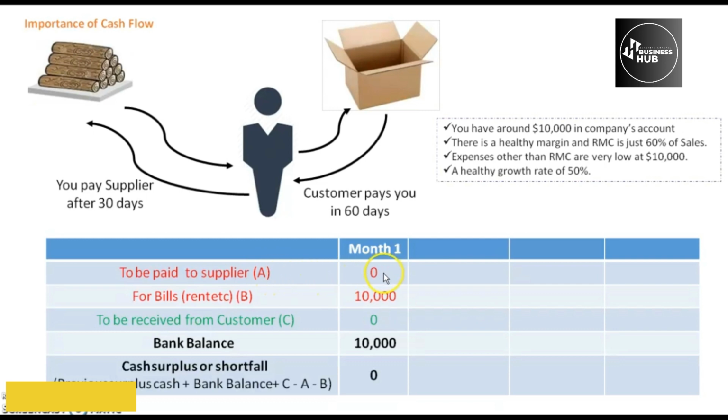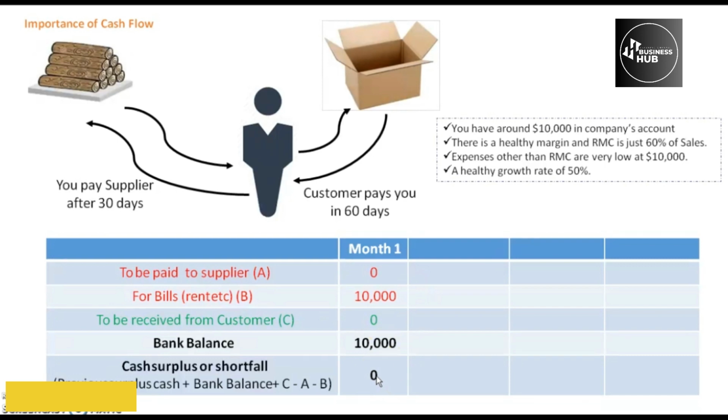Nothing, because 30 days have not passed yet. The bills and rent, that is around $10,000, you are supposed to pay every month. You have around $10,000 in your bank. So subtracting the standard $10,000 rent from the bank balance, you have zero at the end of the month.